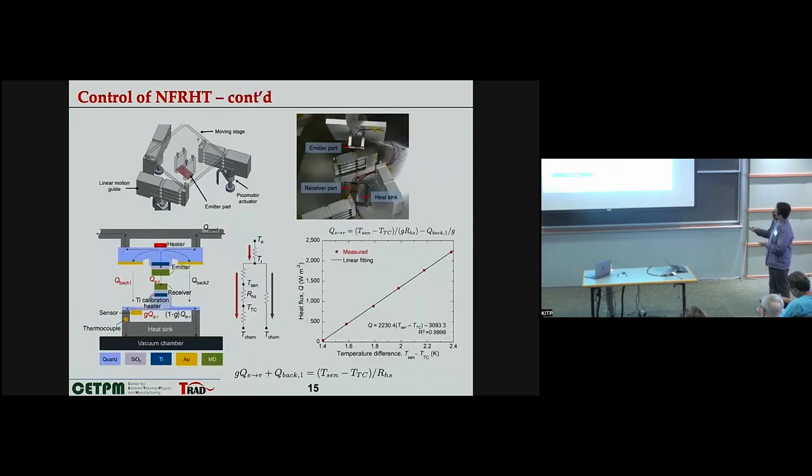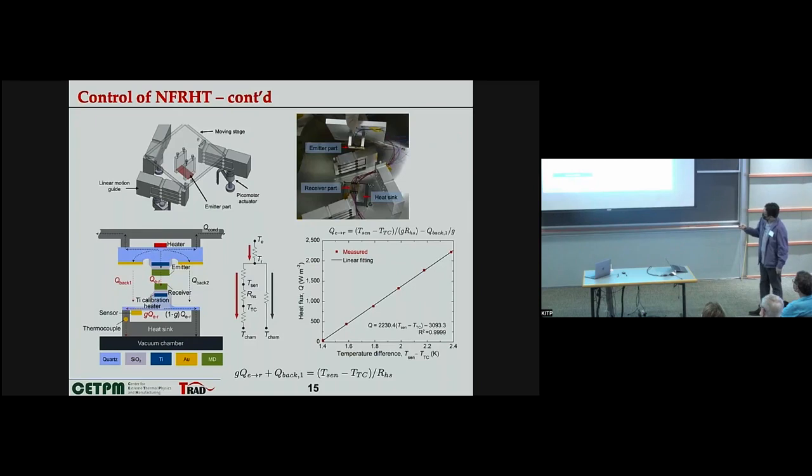So this is how we do the heat flux calibrations. We initially position this emitter in the far field regime, and we have a calibration heater underneath the receiver. We provide the value of Q, the heat generation here, and monitor the temperature differences at two positions.